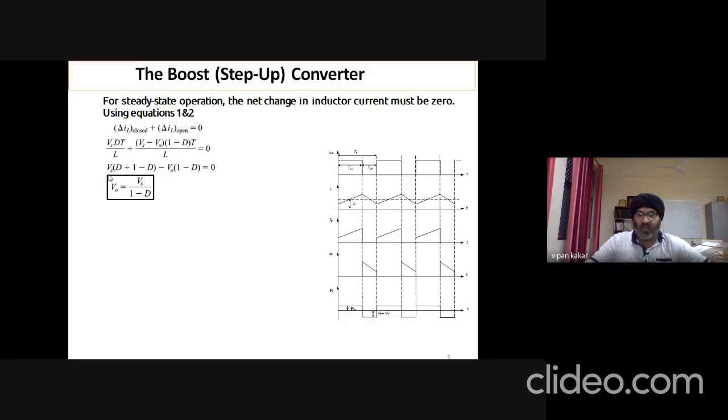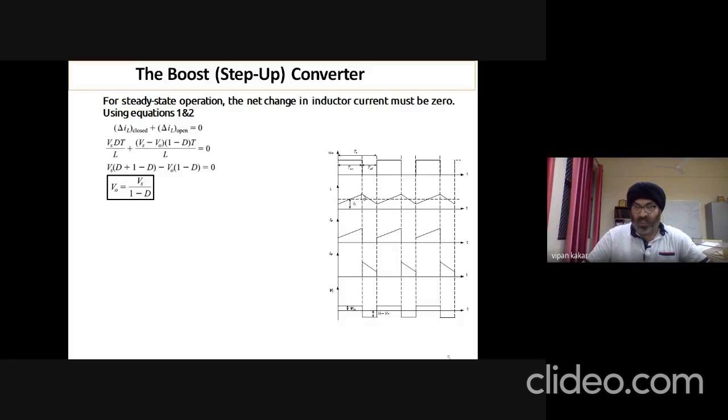After solving this, we get output voltage equal to the input voltage divided by 1 minus D, which we saw in the previous section for the basic overview. So using complete mathematical analysis, we again found that the output voltage is larger than the input voltage.